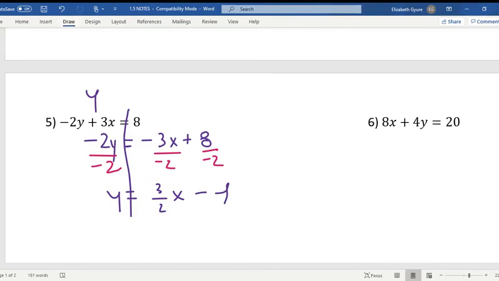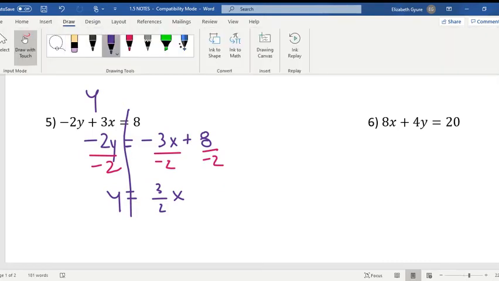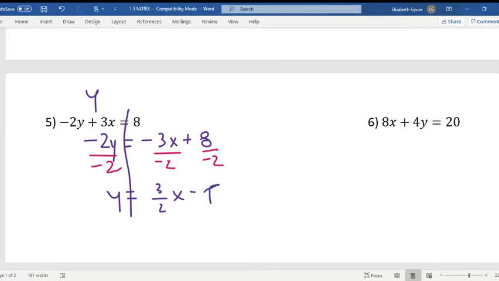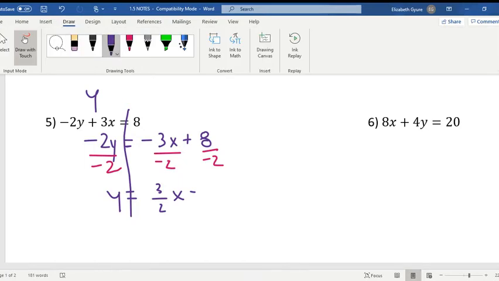It won't let me write a 4. I don't know why. We'll pretend like you can read that, that's a 4. That's just what it keeps doing. So that's a 4, guys. It doesn't look like one though.